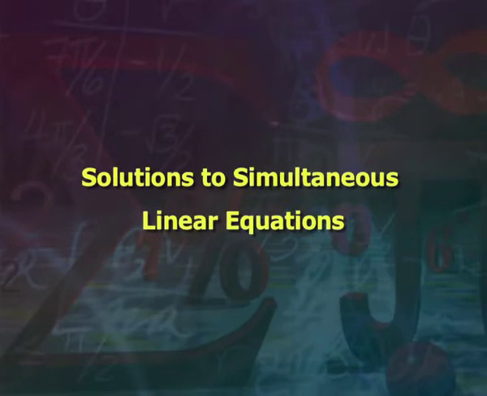Solutions to simultaneous linear equations. We started our discussion of matrices and vectors primarily with an objective of solving simultaneous linear equations. Now, we are in a position of carrying out the discussion.